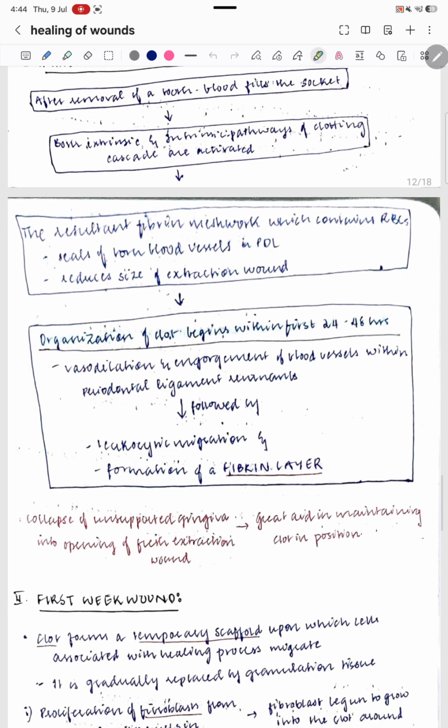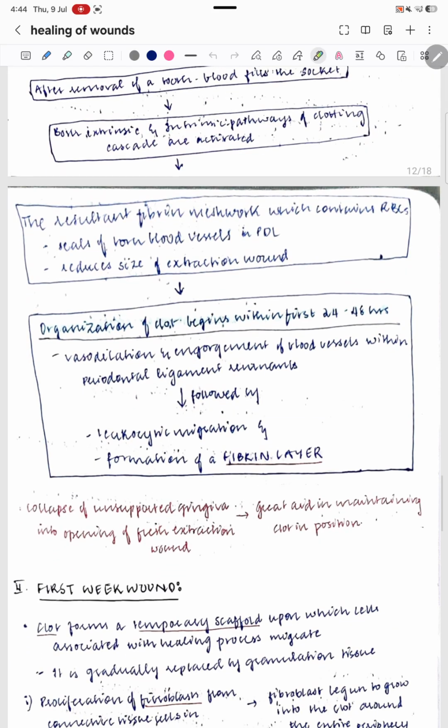Then the organization of the clot begins within 24 to 48 hours. Once there is a meshwork, that is your clot, the clot starts organizing. There is vasodilation, as the blood vessels near the periodontal ligament start dilating. Then there is leukocytic immigration followed by a fibrin layer.